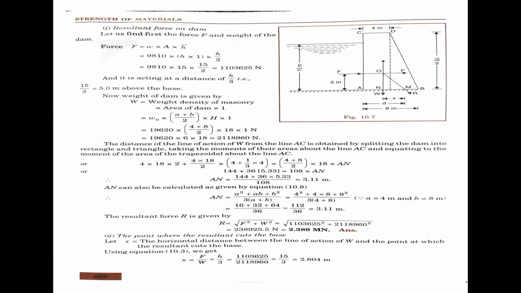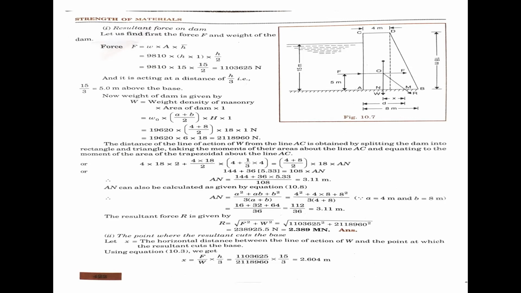I have to remember this formula. I calculate an distance with a equal to 4 and b equal to 8 meters. Now substituting in the equation, finally 3.11 meters. Okay, this is the second calculation of the equation. You can calculate the an value simply using it. The formula we will remember.